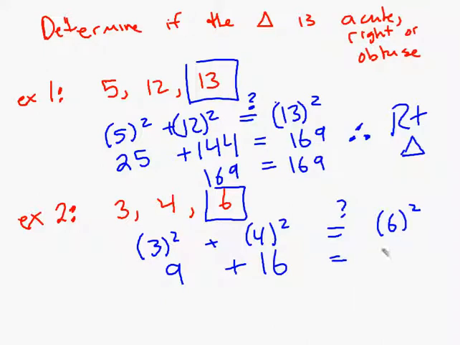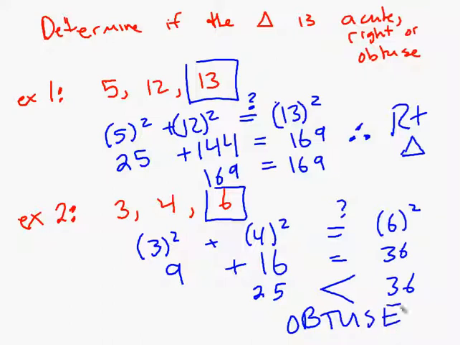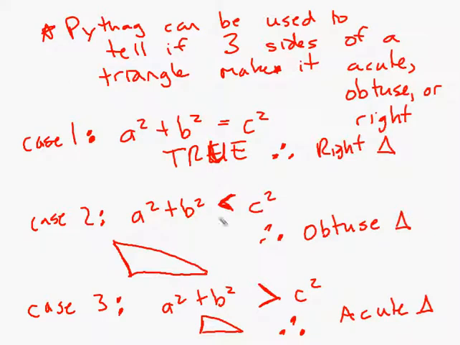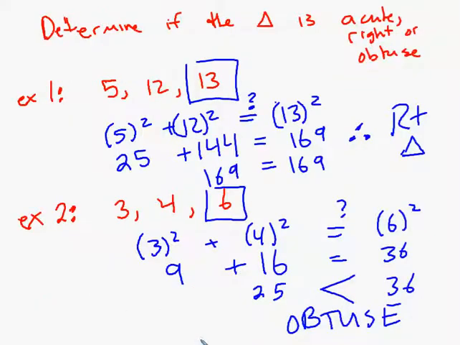Does that equal 36? Well, no. 25, 36. Now I need the right symbol here. 25 is smaller than 36, right? Yes, which means it is obtuse. Okay? You have to use this stuff. If it's smaller, it's obtuse. Any questions?